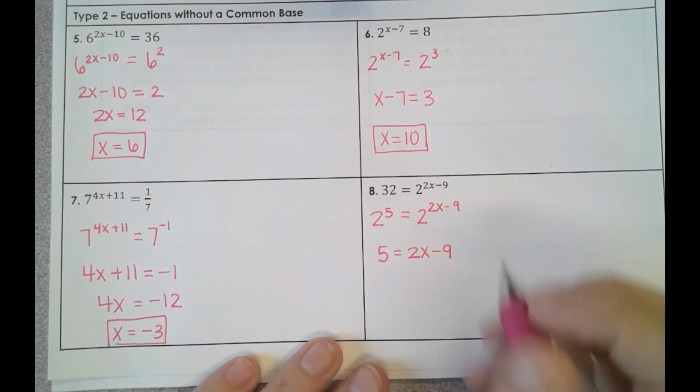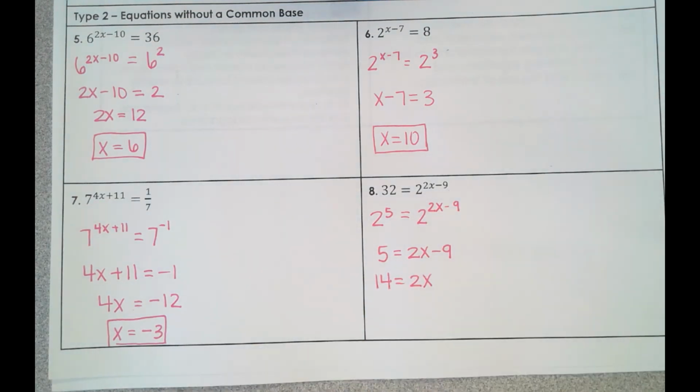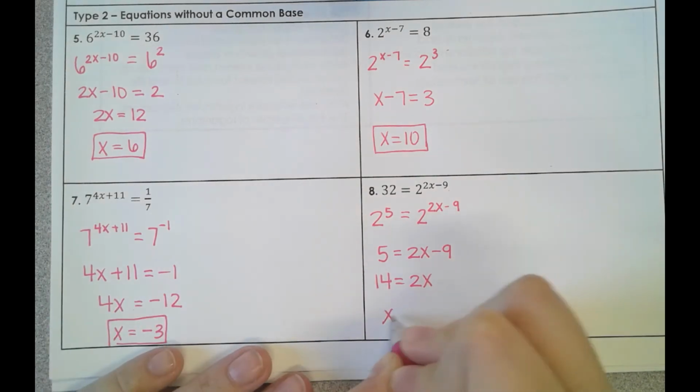And if we add 9, we get 14 equals 2x. And then we divide by 2, we get x equals 7.